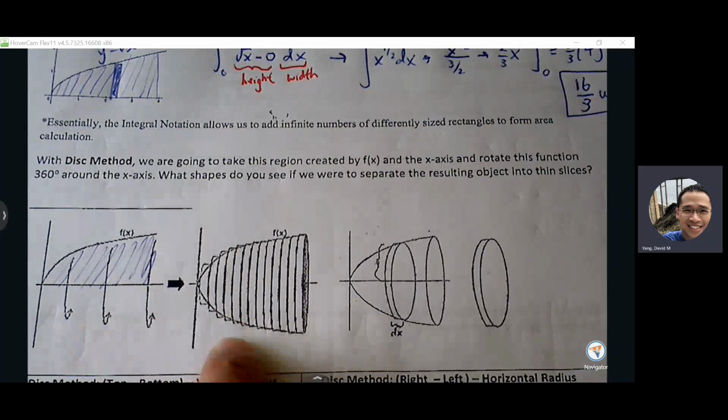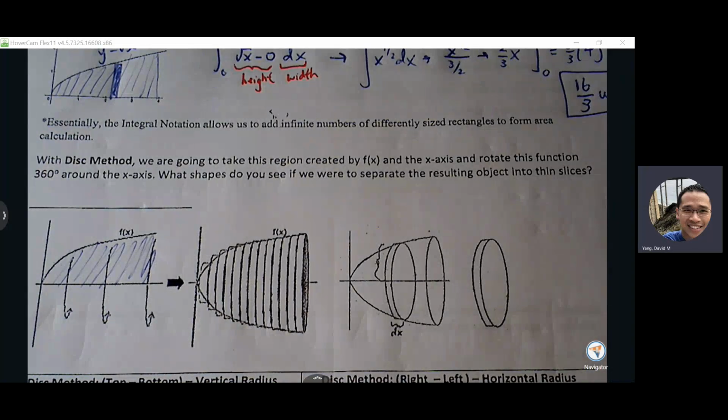Okay. So basically what we're doing is we're always going to start with a two-dimensional shape. We're always going to be rotating around a line. We're always going to get a circular or circular-based object. And we're going to be finding the volume of that object. Now, we don't have to really worry about what the graph looks like. We just have to know certain things about it.